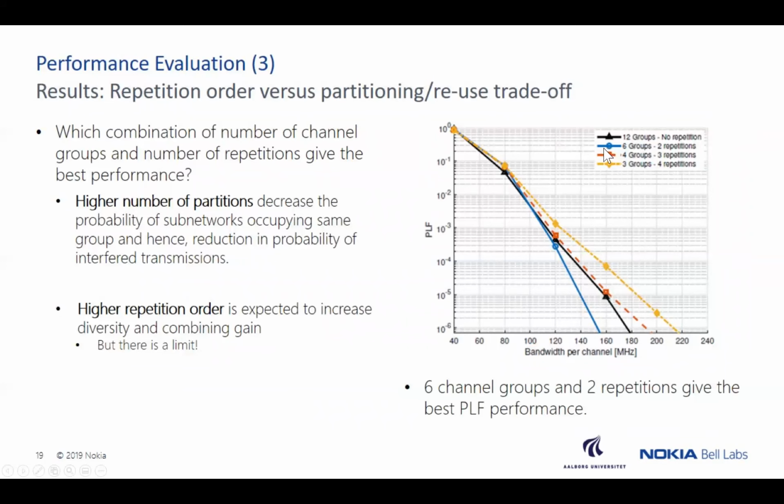Here we try to find the optimal configuration for a transmission. Do we have more groups and fewer repetitions? What we observe here is that with 6 channel groups and 2 repetitions, it seems to be the best that we can achieve for the particular use case we have looked at.